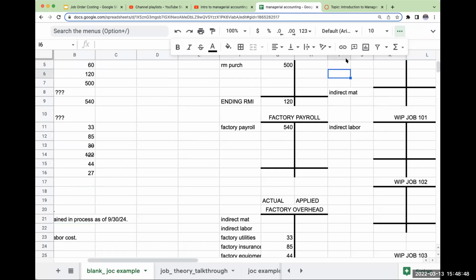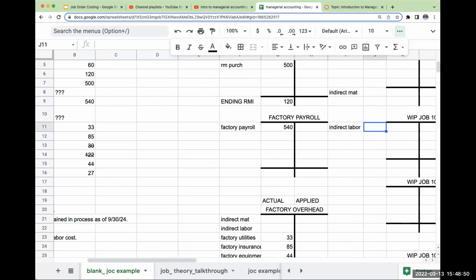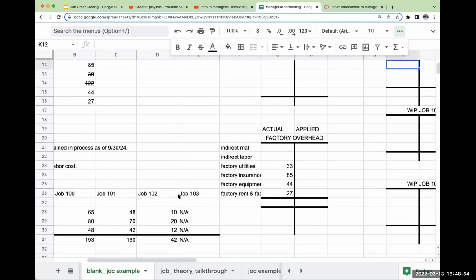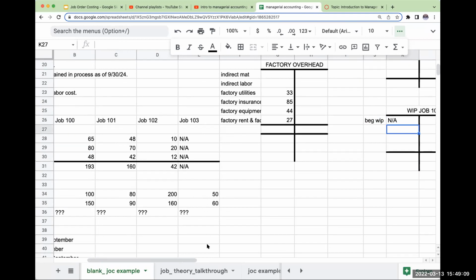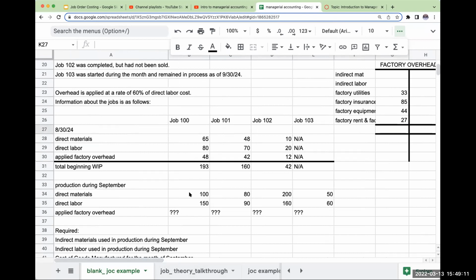My beginning work in process for job 101 was over here at 160. My beginning work in process for job 102 was at 42. My beginning work in process for job 103 is not applicable. Okay, let's go through and do this part over here.